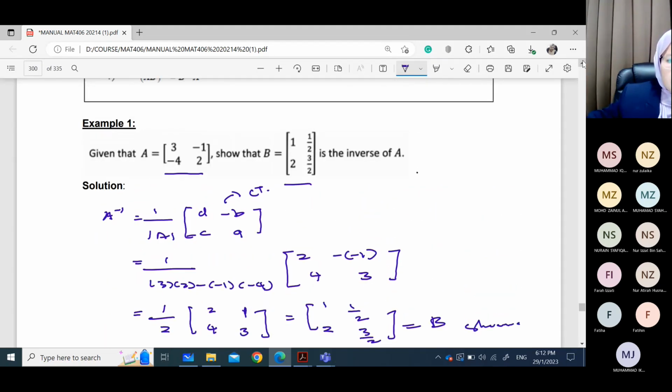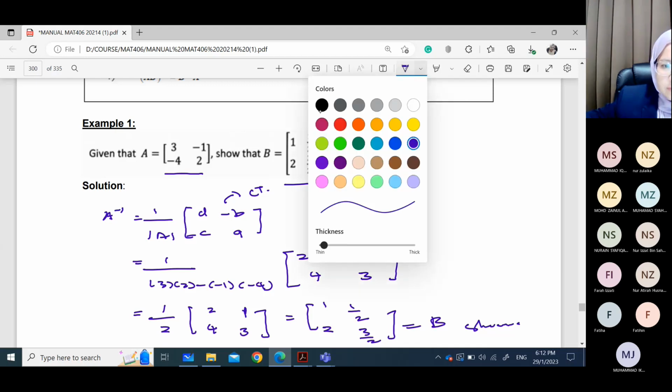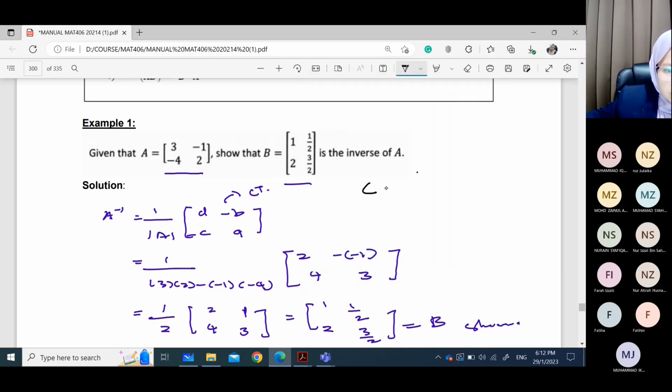Okay, so kalau untuk C factor dia, kita ambil 3, 2. Okay. Right, so C factor. So kalau untuk first ni, A11 ataupun C11. So untuk C12 yang ini kan negative 1. So nak cari C12 kita eliminate for first row and the second column.